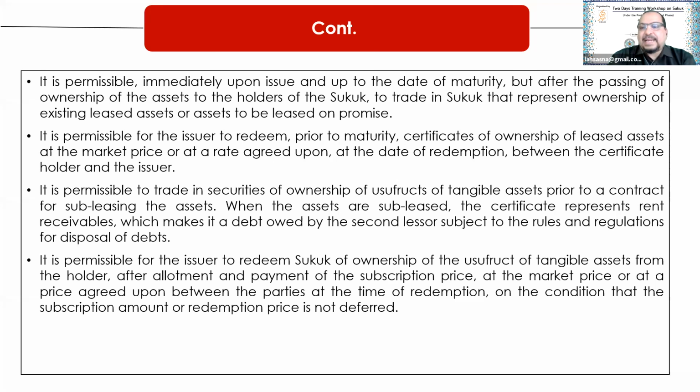So when it becomes a receivable rental, the debt will be triggered, and when you want to dispose of the certificate, which basically has a sublease, there are criteria or a formula.